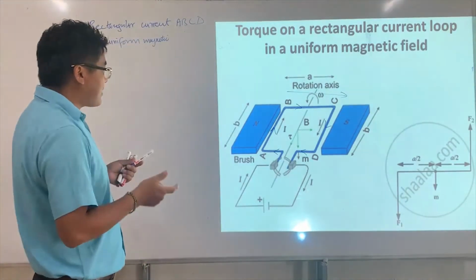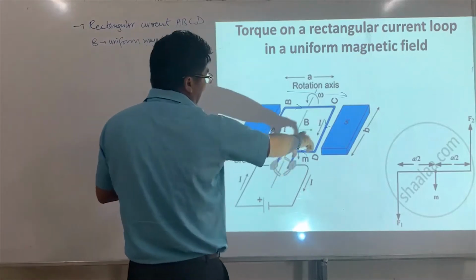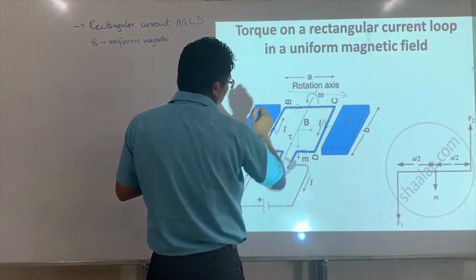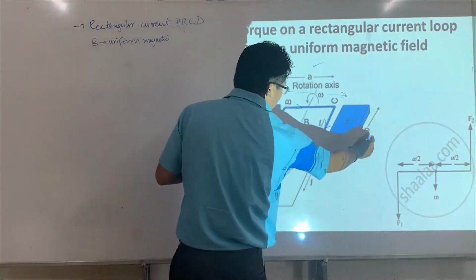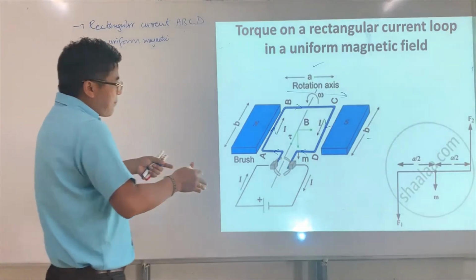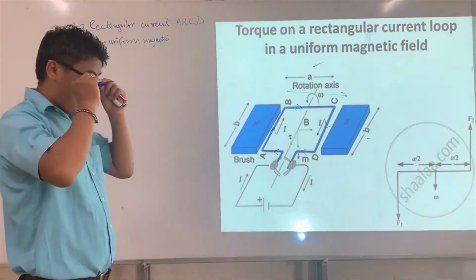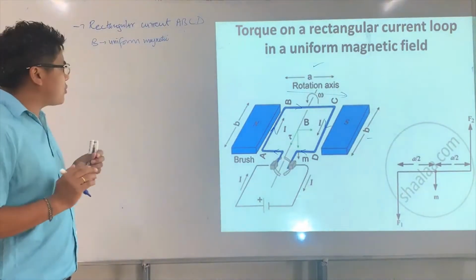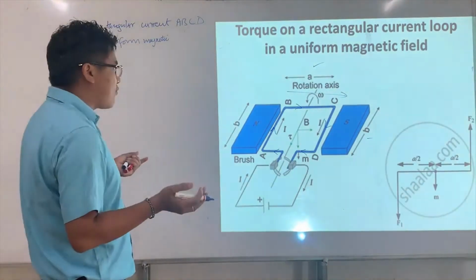This is the length of the loop, and this is the breadth of the loop. I supply a current, and the direction of current is this. So what is going to happen? I'm going to split this entire rectangular loop into four parts.